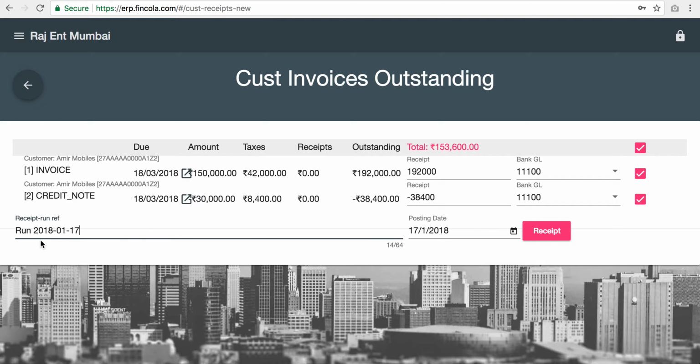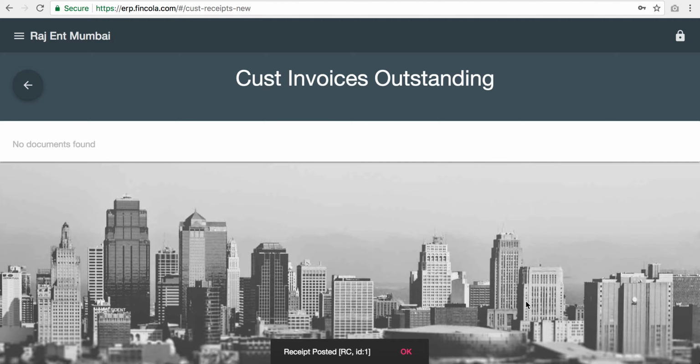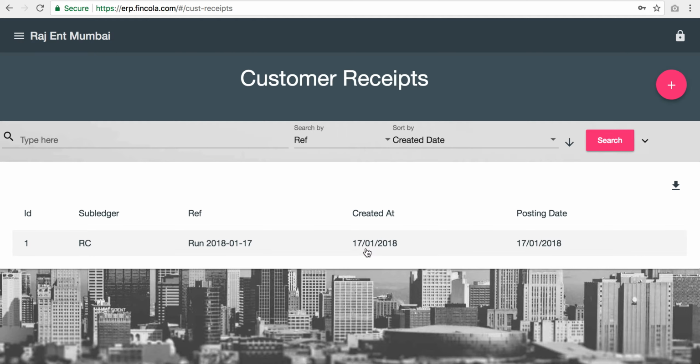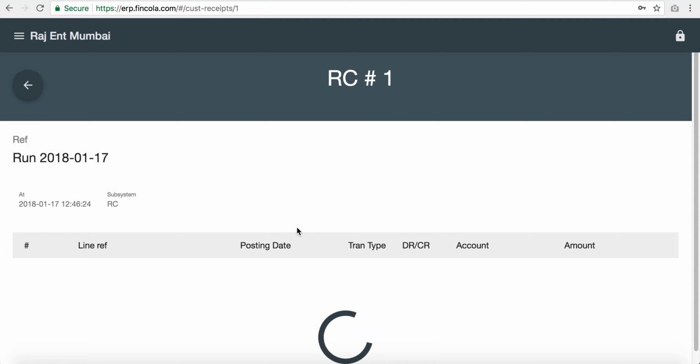We can create a run reference here, and we don't have any outstanding customer invoices, and we have a receipt here.